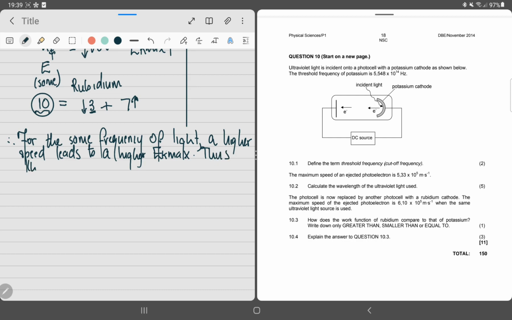Thus, the work function is obliged to decrease.